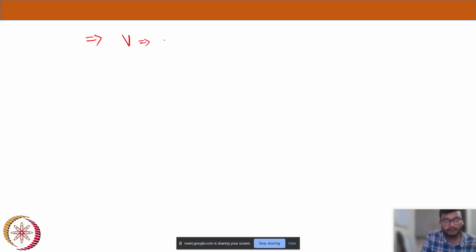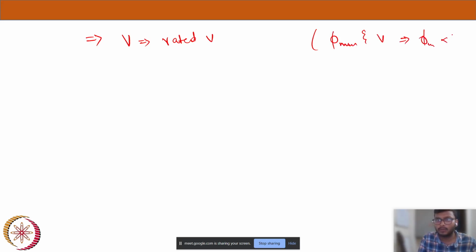Yeah. Now one more small concept in this open circuit test is that the voltage we are applying is rated voltage. Now when we are supplying a rated voltage, in last week's discussion we have seen the relation between phi max and voltage. So usually phi max is proportional to V by F. So since the frequency is constant here and you are supplying rated voltage, you are establishing a maximum flux inside the transformer.